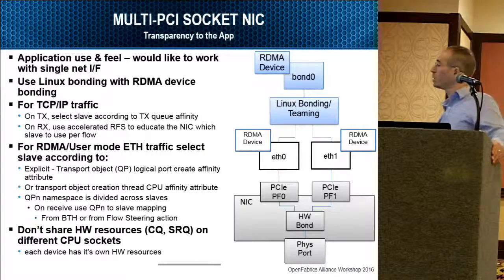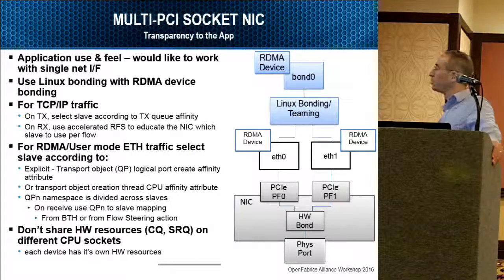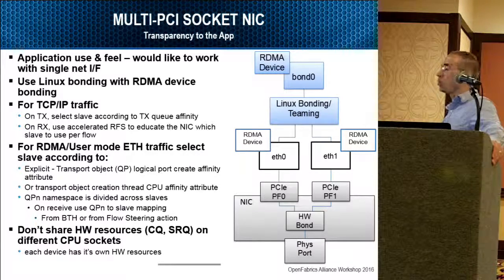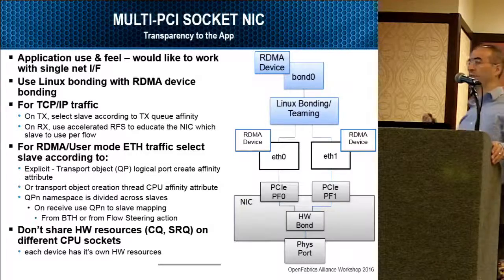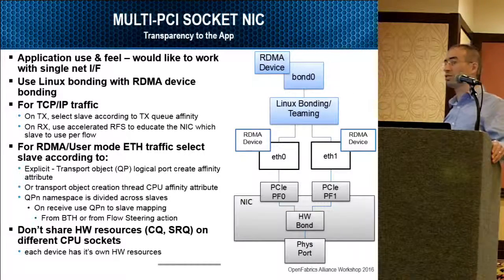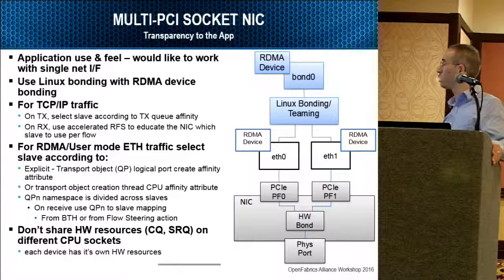For receive, we use a technology that Linux supports, the accelerated RFS, where the Linux stack educates the NIC which tuple needs to go to which receive queue, based on the socket send and the socket receive CPU locality.